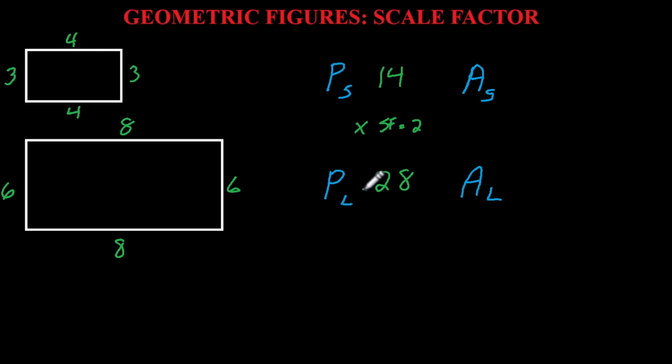So it is true that when we know the scale factor and we can find the perimeter of the smaller figure, then when we have a scale copy that has a scale factor of 2, its perimeter is also multiplied by 2. Let's take a look at the area. Over here, we have the area is base times height, so 12. And over here, we have base times height, which is 48.